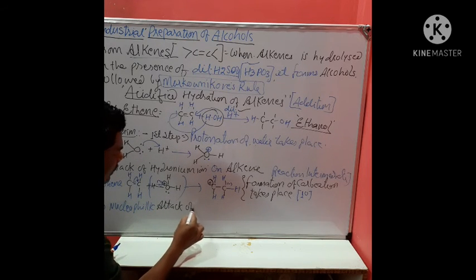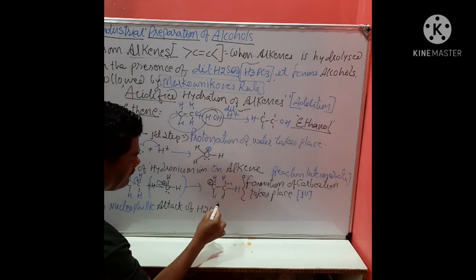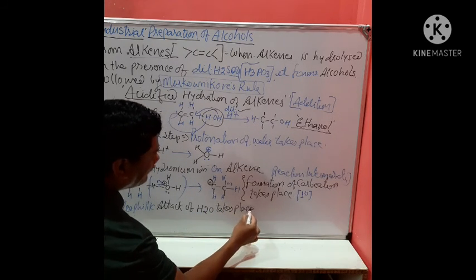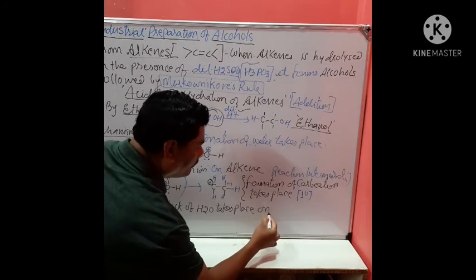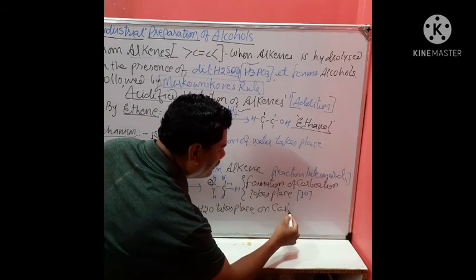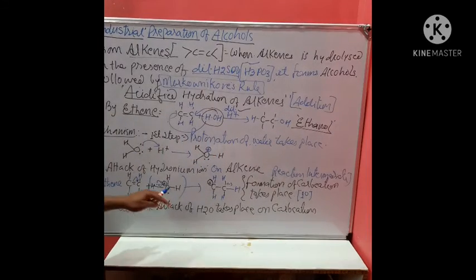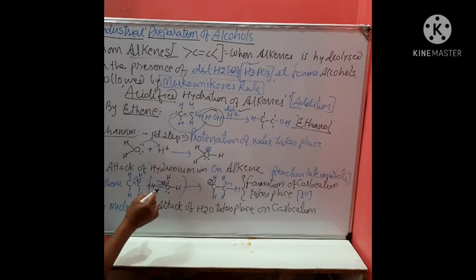In the third step, nucleophilic attack of water takes place on what? On the carbocation. Student, in the previous step, the H attacks this carbon atom.